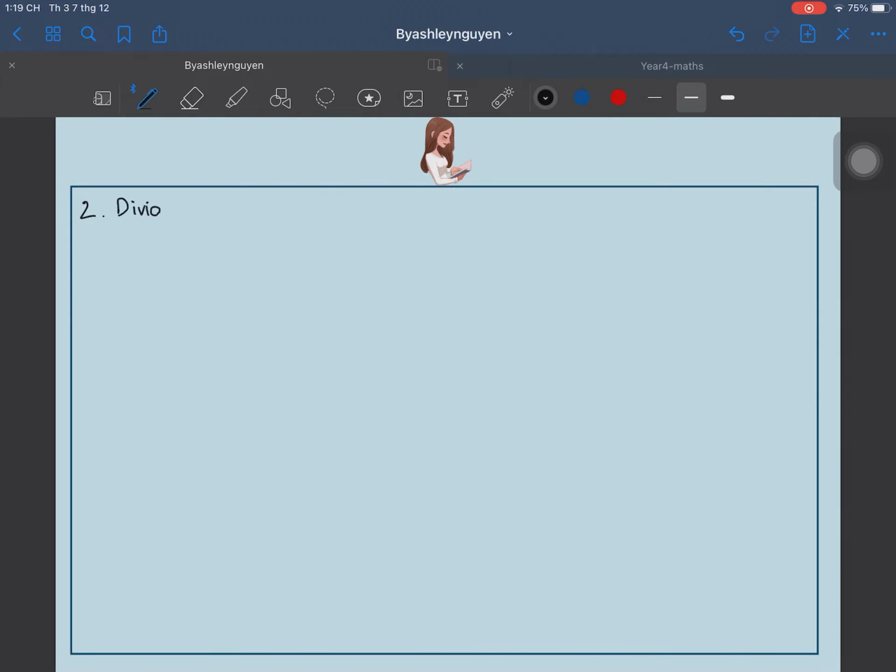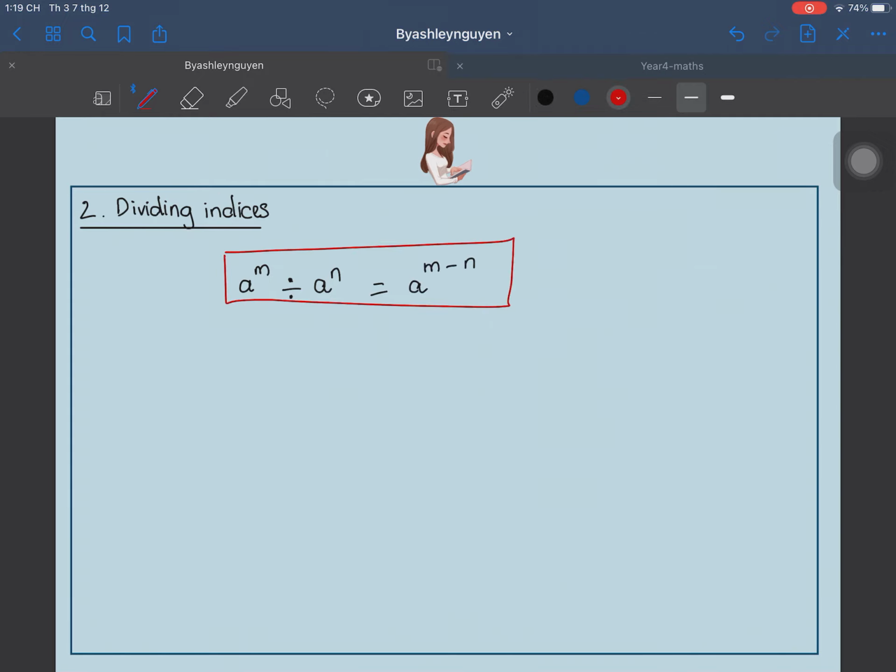Law number 2, dividing indices. a to the power m divided by a to the power n equals a to the power m minus n. You have to notice that they have the same base.